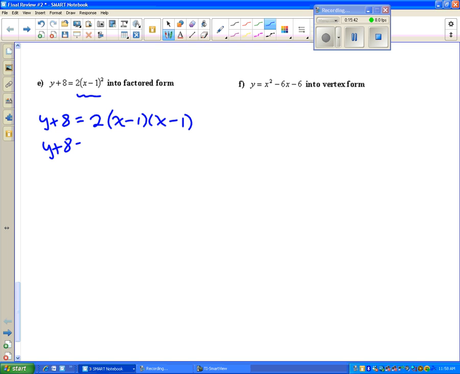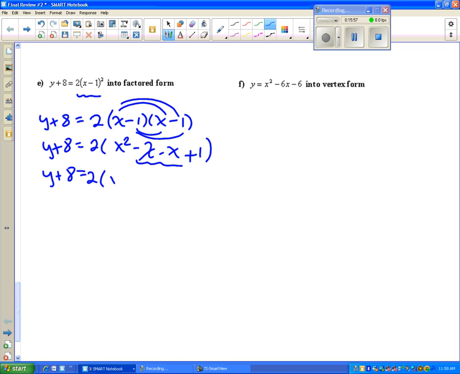So y plus 8 is equal to 2 times: first, x squared; outer, negative x; inner, negative x; last, plus 1. Combine like terms: 2 times x squared, negative x minus x is negative 2x, plus 1.